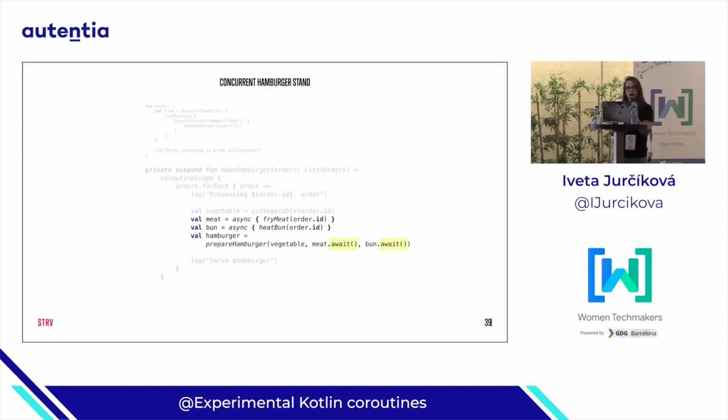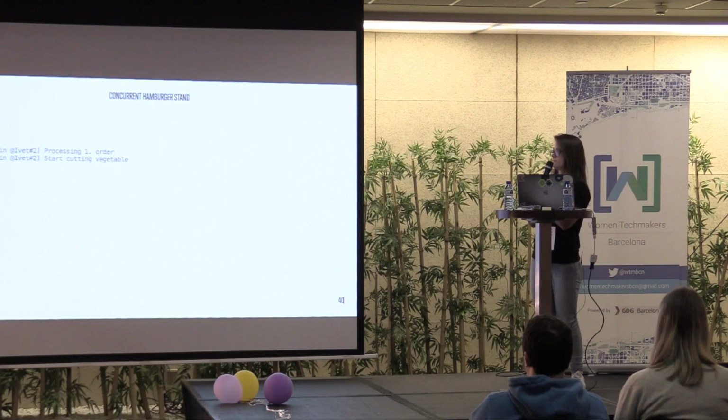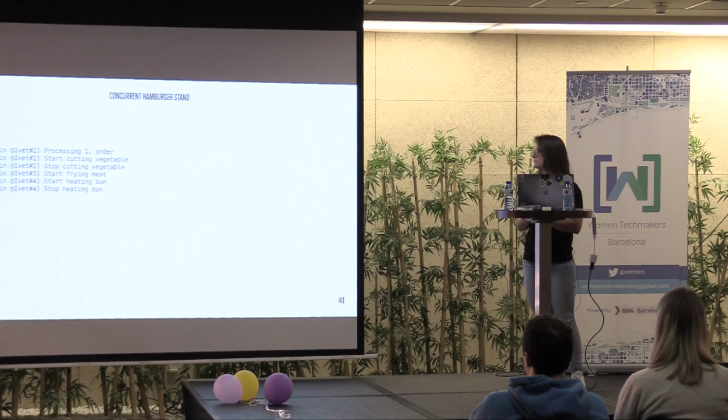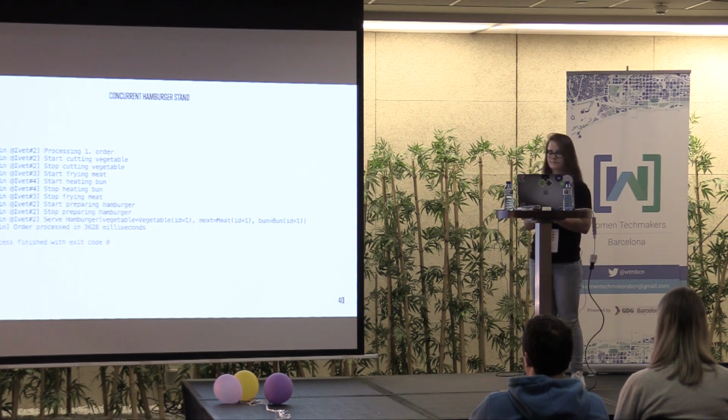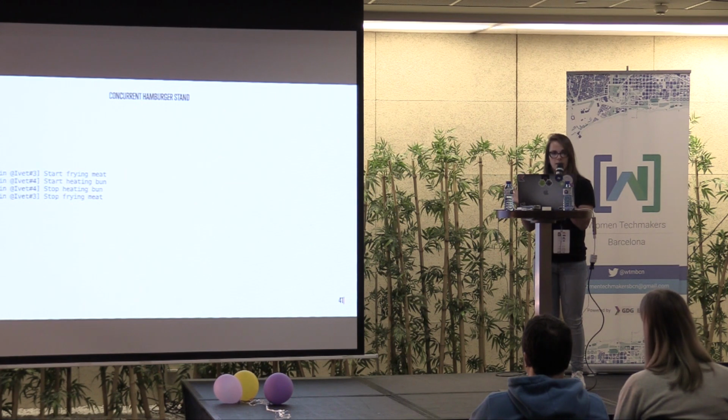So we call both functions concurrently, and we prepare a hamburger when all ingredients are ready. Let's run it. As you can see, both functions, fry meat and heat bun, were executing concurrently on the main thread.